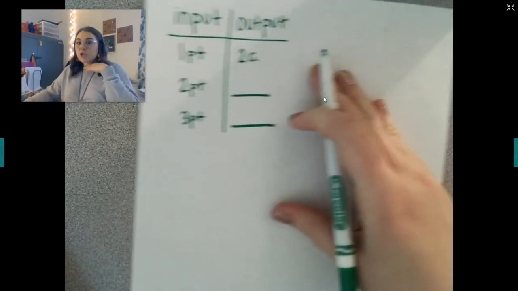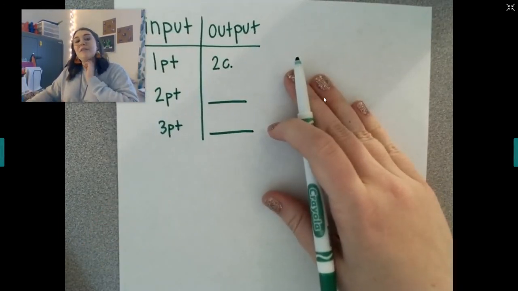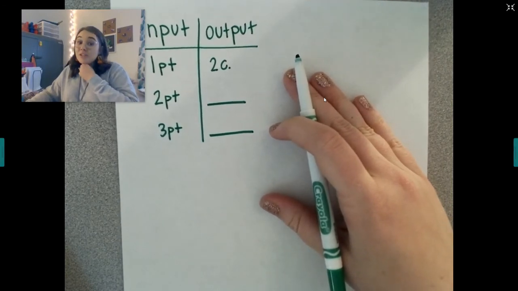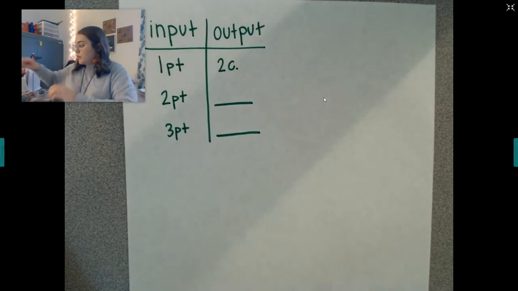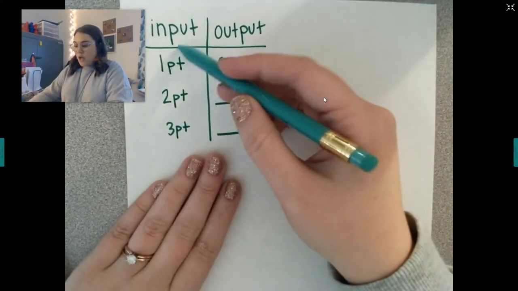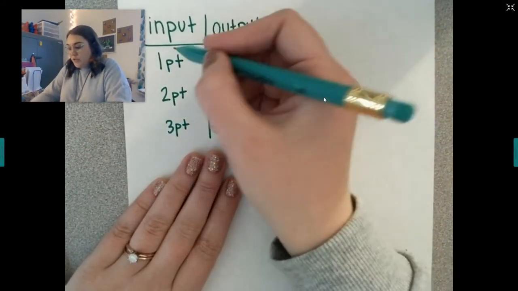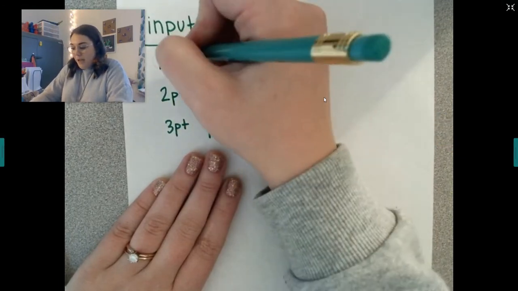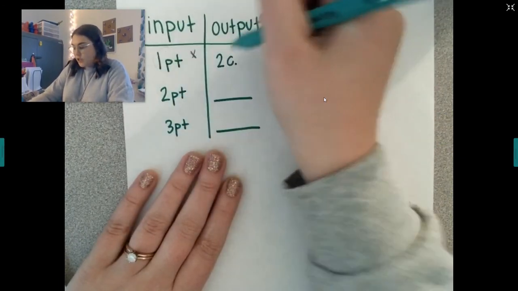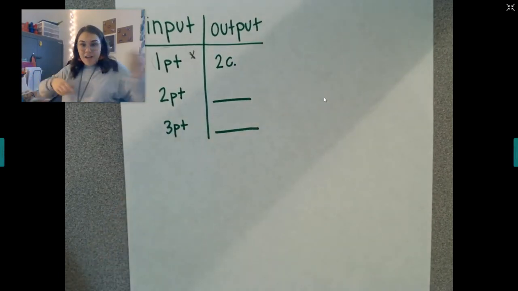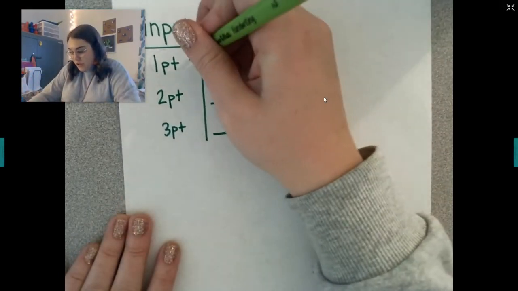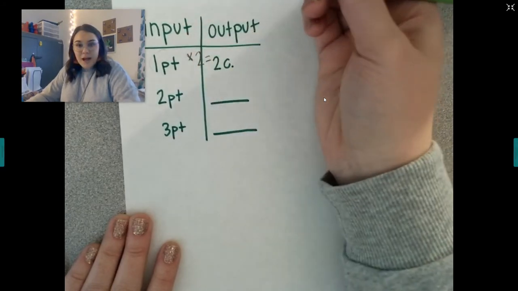Now, I'm going to show you on here how to find it on the gallon man, but I'm also going to show you how to find it using the rule. So let's start with our rule. So you look at your input and your output and you think 1. Can I multiply 1 times anything and get 2? Yeah, I can multiply 1 times 2 and that'll give me 2, right?